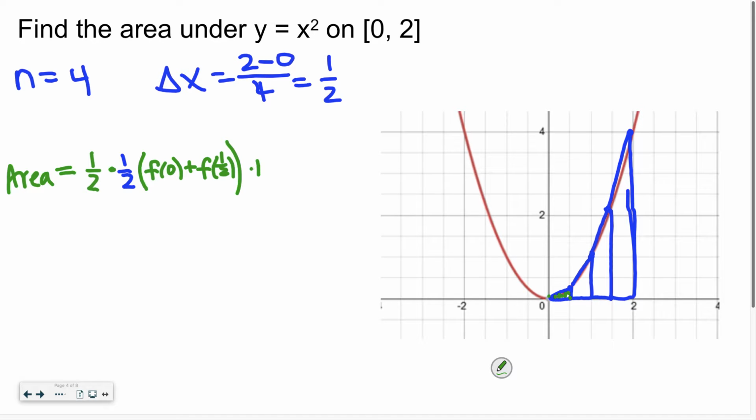And I know this is obnoxious, just trust the process, okay? 1/2 times height times the sum of the bases. So we have 1/2. The height of our next trapezoid is also 1/2. And then when we talk about the 2 bases of the second trapezoid, this trapezoid is stretching from 1/2 to 1. So our first base is at 1/2, and our second base is delta x later.